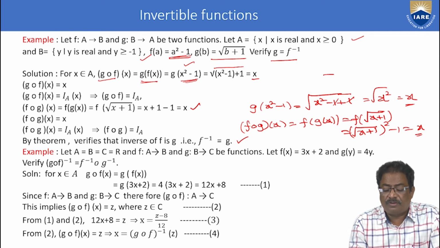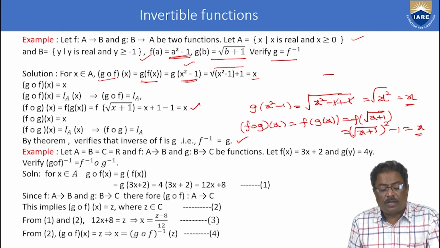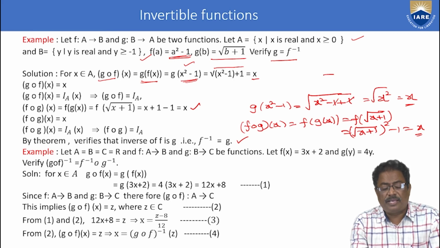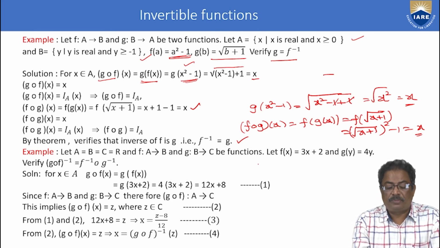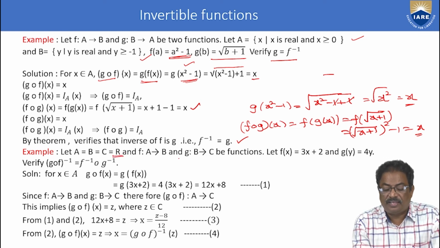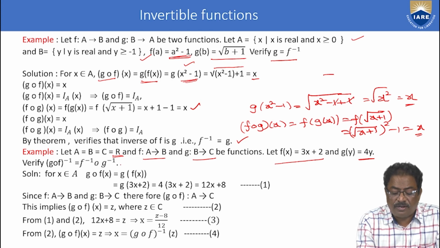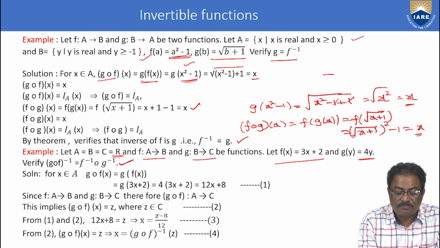Now we are going to verify the other problem that we have to consider. Here A is equal to B is equal to C, which is equal to the real number system, and f is from A to B, g is from B to C. So f of x is defined like this, g of y is defined like this, and we have to verify this.